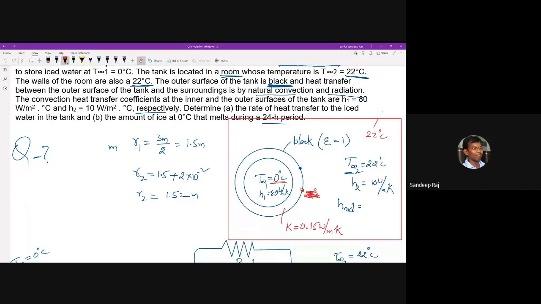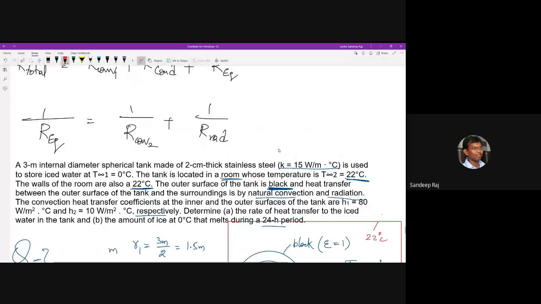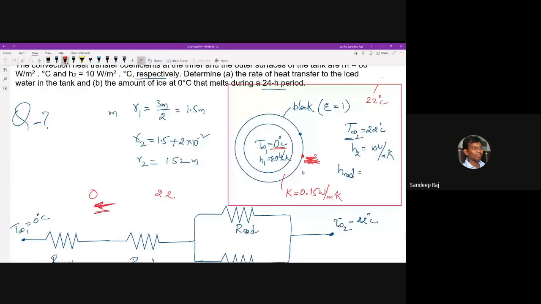But the T2 value will be closest towards this value, because the thermal conductivity is 15. It's not 0.15, I have written 0.15 here. It is 15.